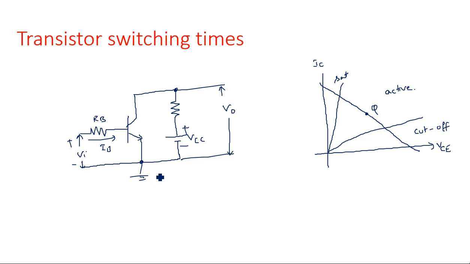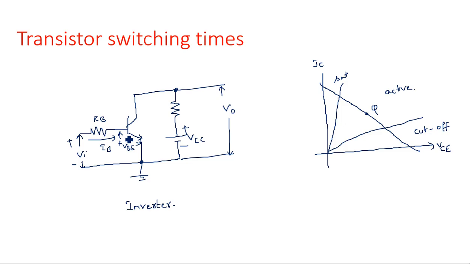This is the ground. Now if you see this particular transistor operation, this transistor is operating as an inverter based on the input combination. Suppose in digital if I give 0 volts here, then the transistor is acting as an open circuit, because there should be a minimum cut-in voltage required to make this transistor on.